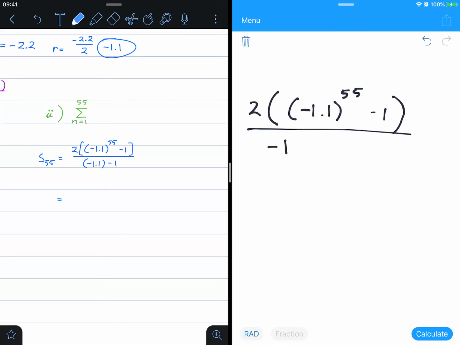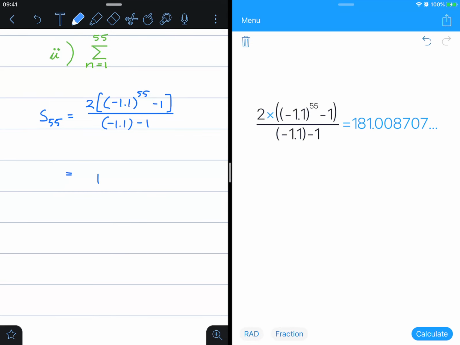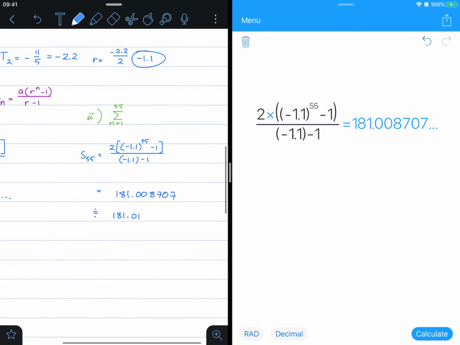So this is positive 181.008707. Again, let me try and change it into a fraction. Oh, it's not letting me. If your calculator is powerful enough, please do so. I'll round this off to 2 decimal places. And there we have it.